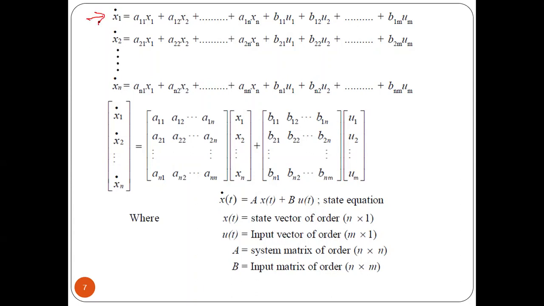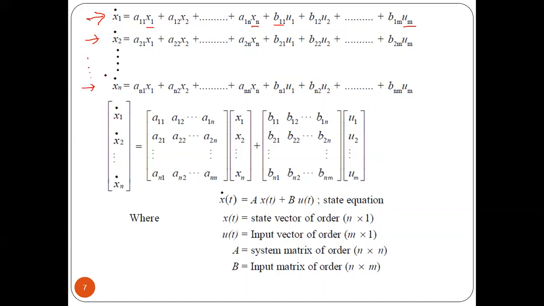Again, this relation is linear. The first order derivative of the x1 variable is related to all the state variables linearly, like this, and all the input variables like this. Similarly, the first order derivative of the x2 variable also depends on all the state variables and the input variables, and so on.